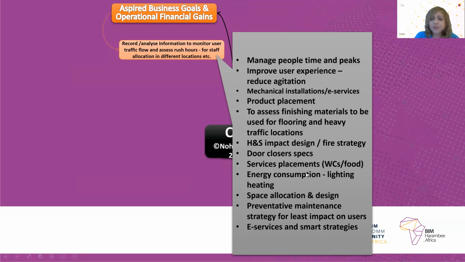You will have an improvement of e-services and smart strategies within that terminal. So one very simple objective like that can affect a lot of things in the design and usability and the facilities management of that asset, and improve the financial gains and hence business objectives behind that terminal or behind that asset, whatever it is. I'm just giving an example of the terminal.